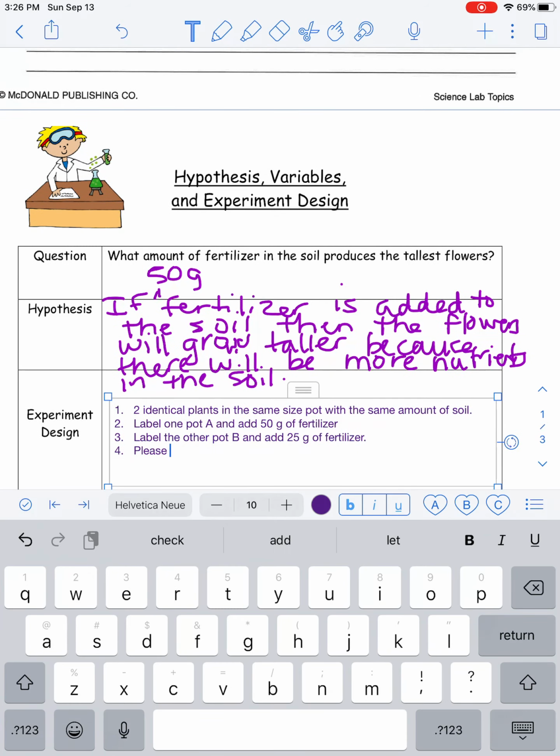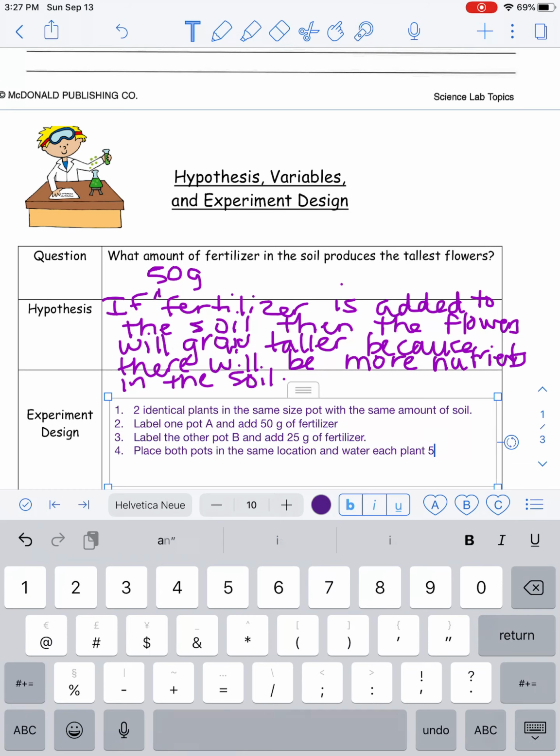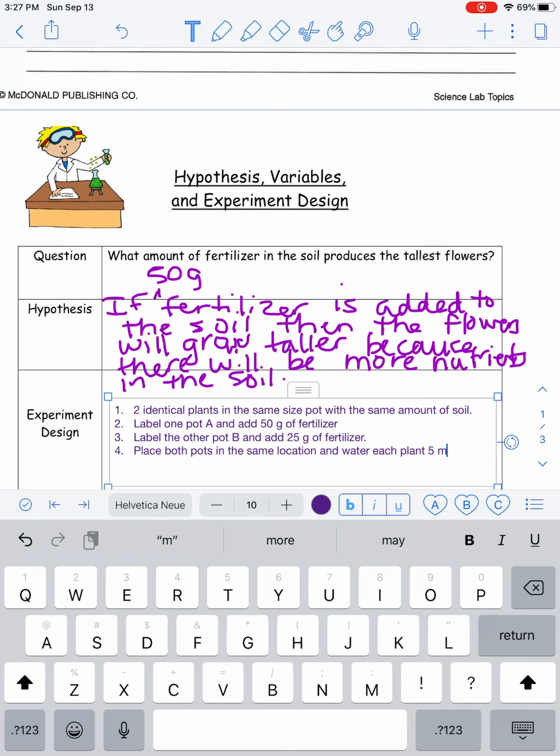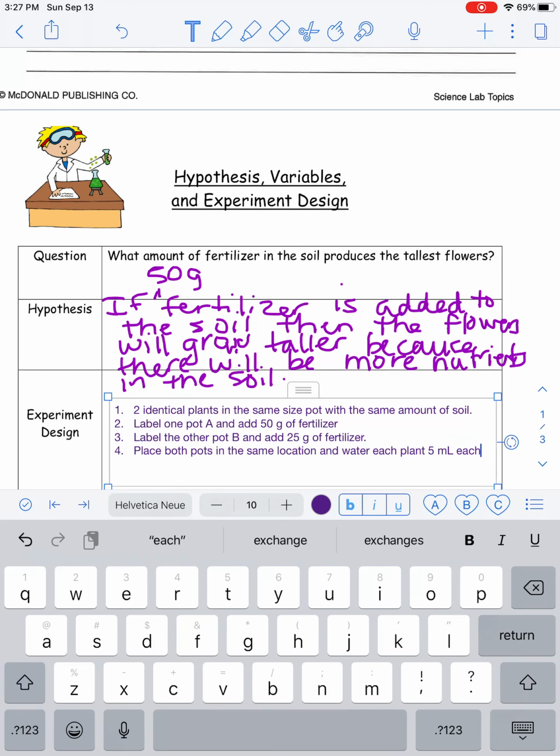Place both pots in the same location and water each plant 5 milliliters each day.